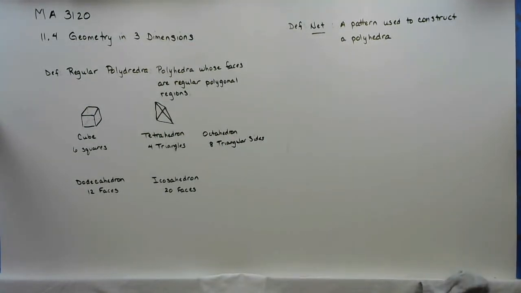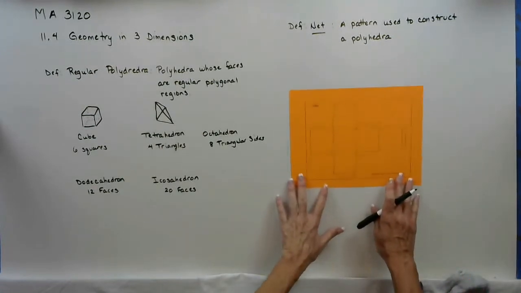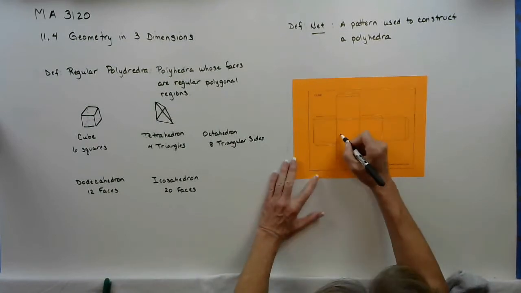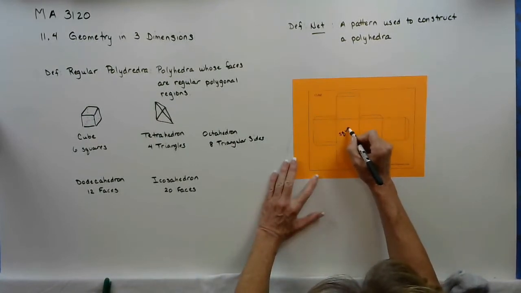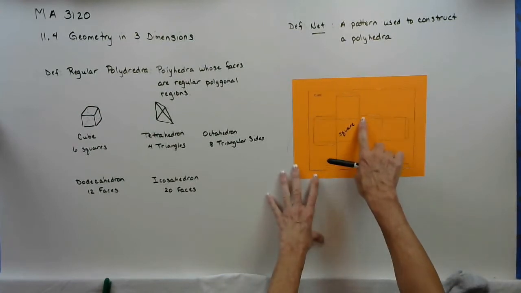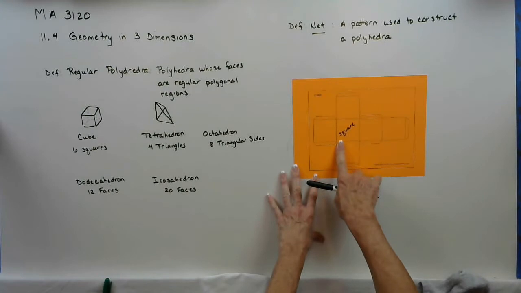Printed out a net of what it looks like on paper. This might be what a net of a cube looks like. On this piece of paper, we have a square base, and each of these lines would represent where you would fold it.